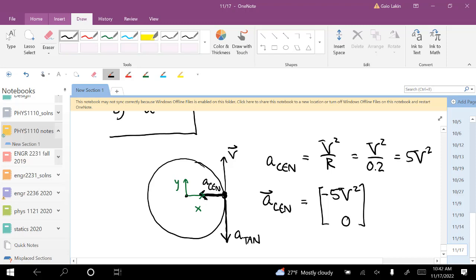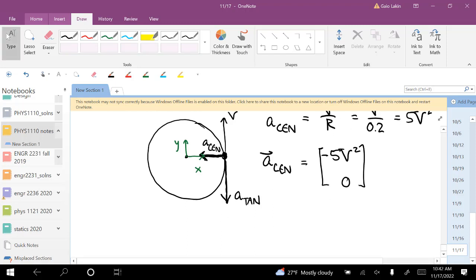We don't have a way to calculate the tangential acceleration. We will see that we do have one when we get to Newton's second law, but for now all we can say is we have this variable that I'll call a tan, and it's in the negative y direction. So the tangential acceleration vector is 0, negative a tangential.